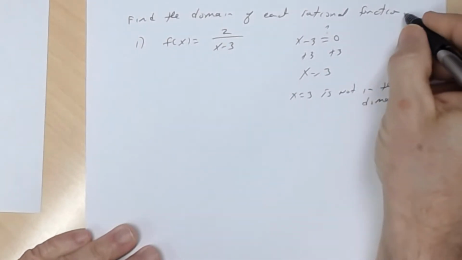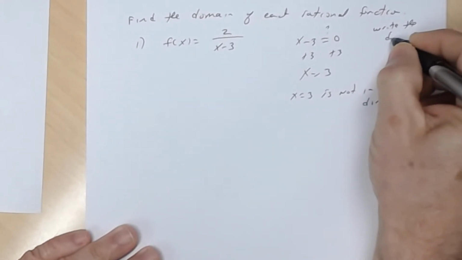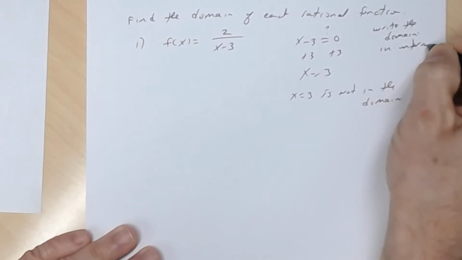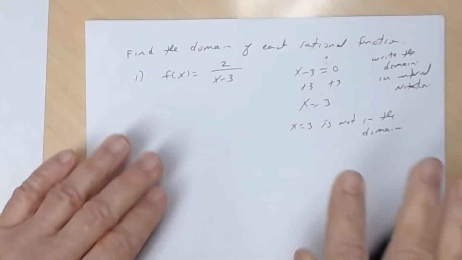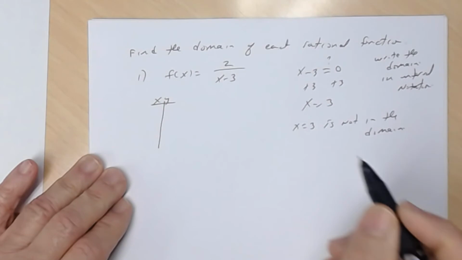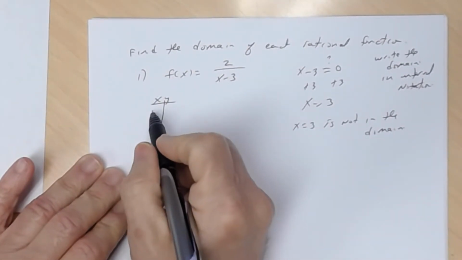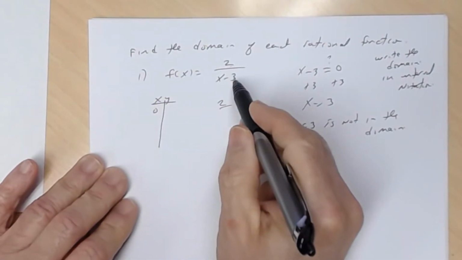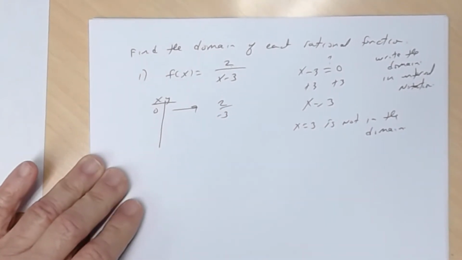Now you also want to write the domain in interval notation. Remember, I can use any number for x except 3. If I did a t-table, for example, and let x be 0, I would get 2 divided by 0 minus 3, which is negative 2/3.